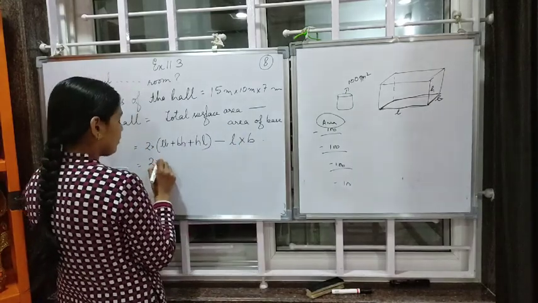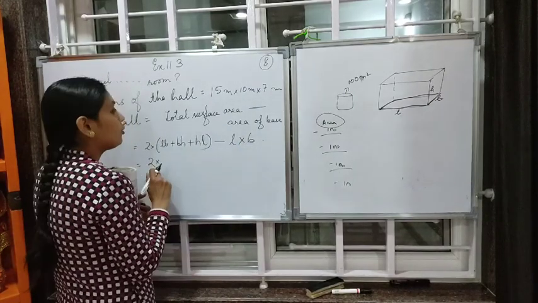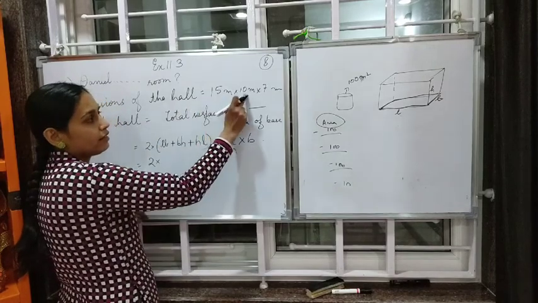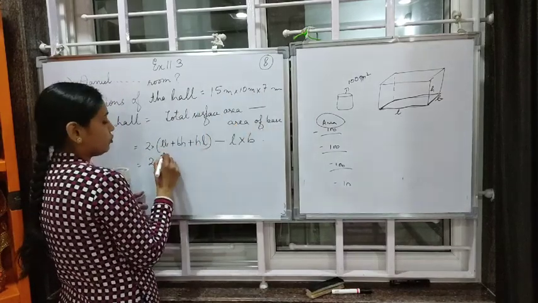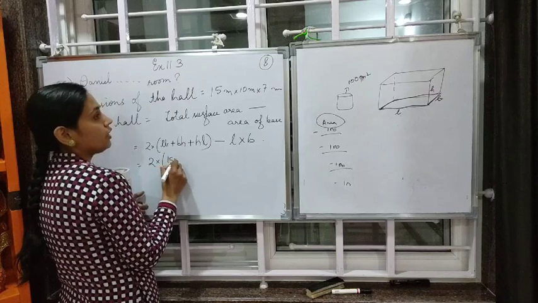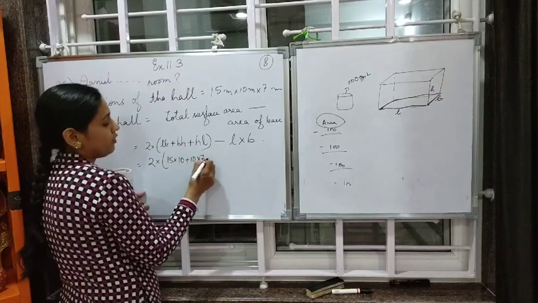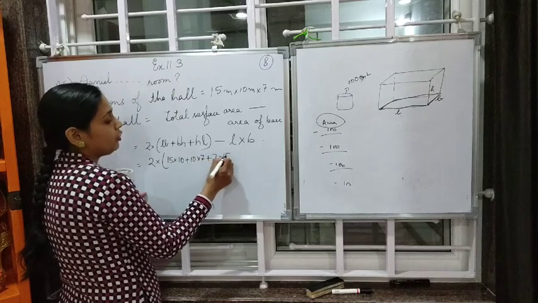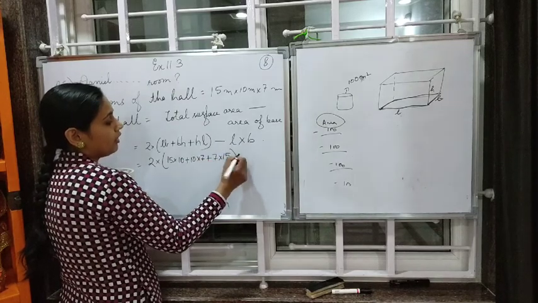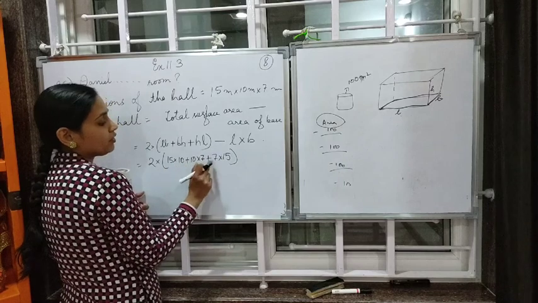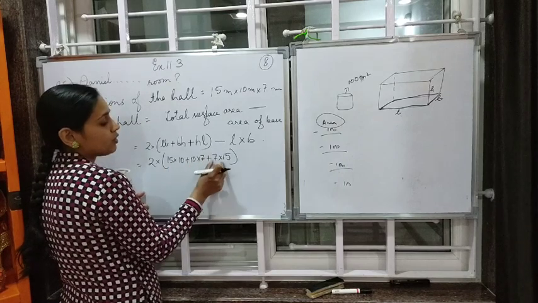Now 2 times, what is the length? This is the length, this is the breadth, this is the height. Okay. So 15 into 10 plus 10 into 7 plus 7 into 15, and all are meter into meter, so meter square plus meter square plus meter square.